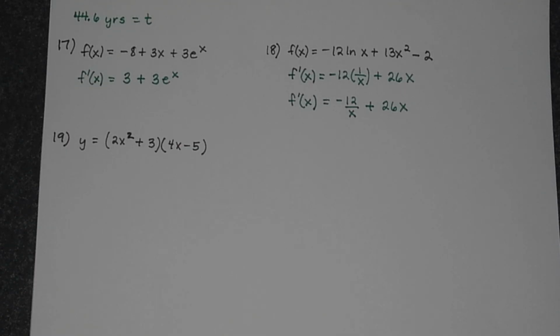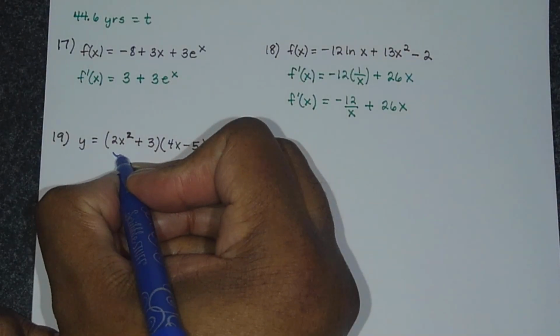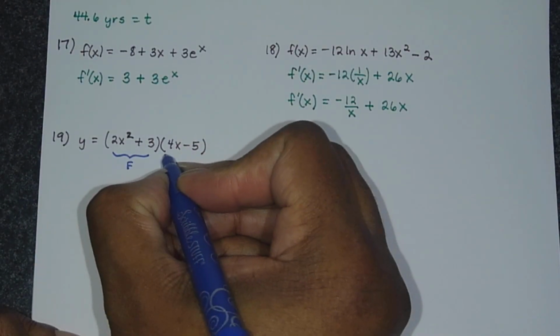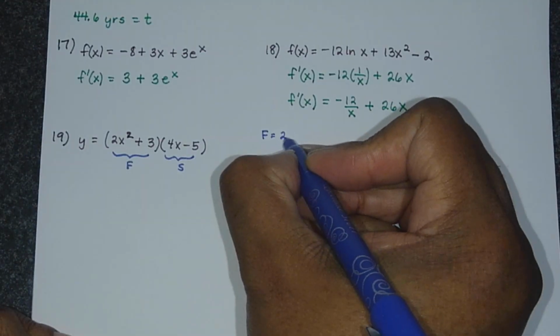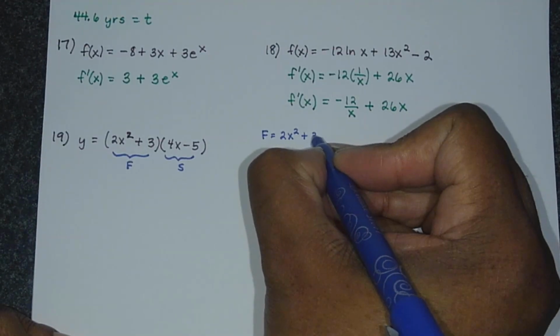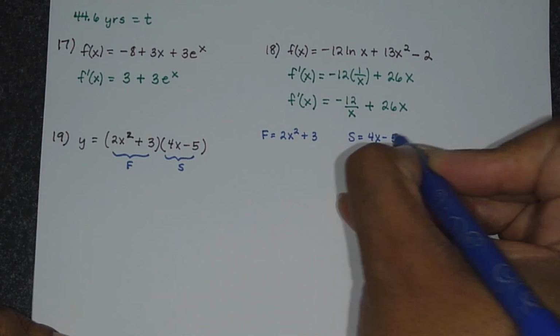It says use the product rule here, so it's telling you what to use. Notice this is going to be the first times the second, and the second is the 4x minus 5.